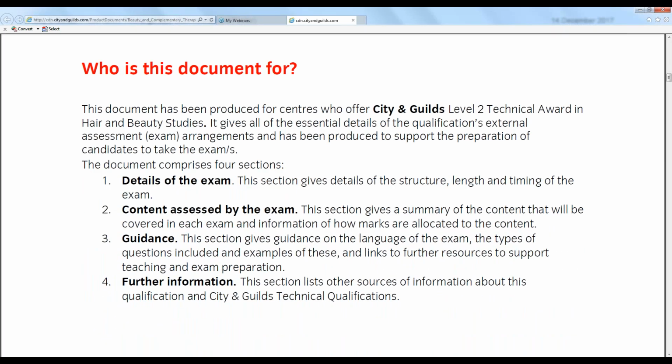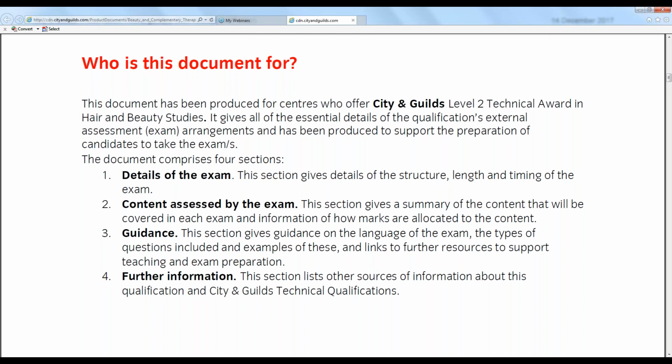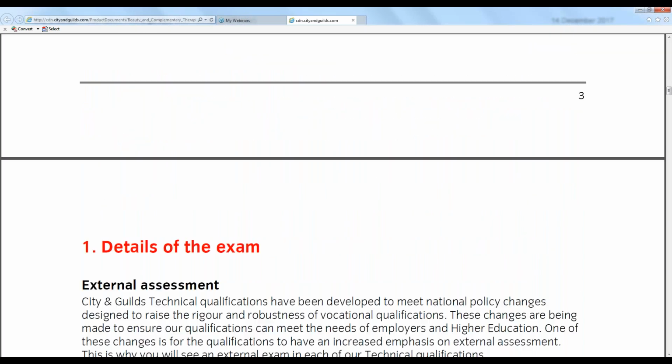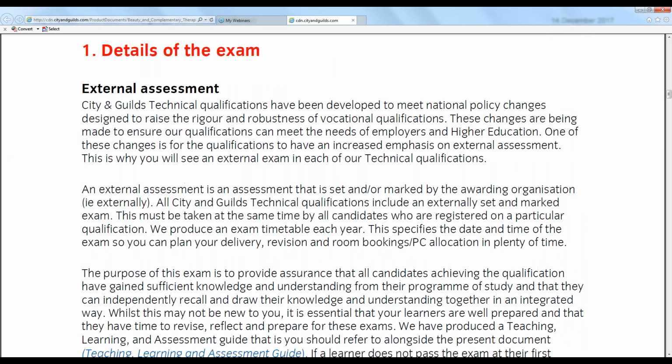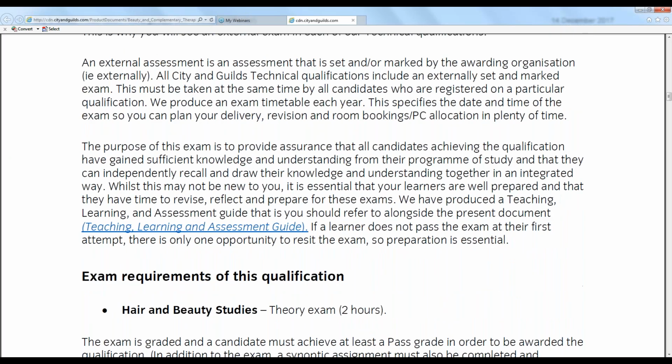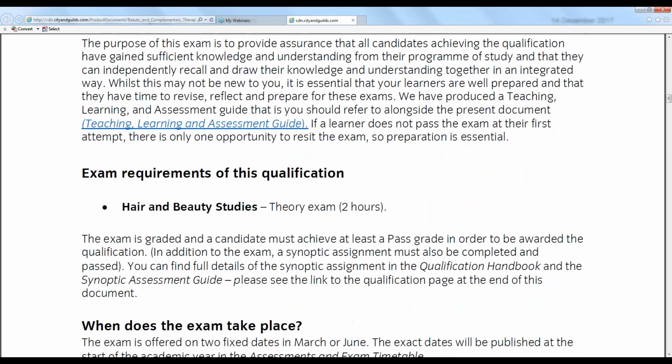So in the first section, it tells you how this exam document is broken down. Part 1 is details of the exam. Part 2 is the content assessed by the exam. Then we go into guidance, and then we go into further information. Details of the exam tells you how long the exam is going to be.